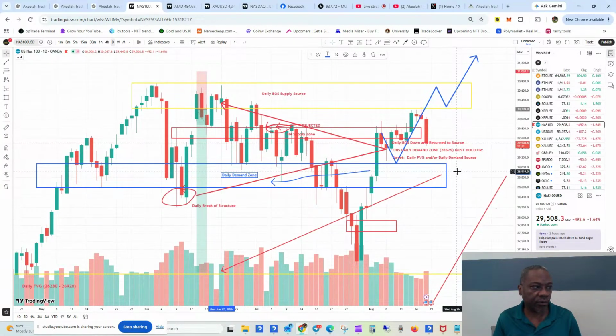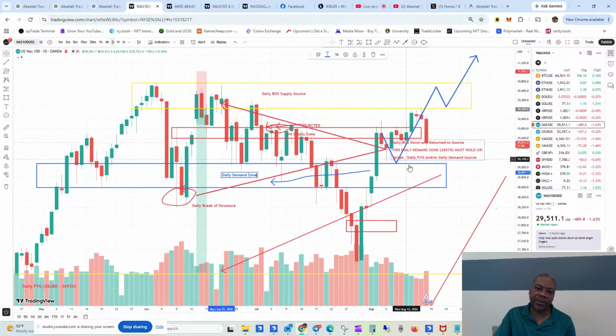And this will be the battleground to see if the bulls are going to maintain control or if the bears are going to continue to push this down. So as of right now, the area to watch because of this break back above this demand zone is right around 29,000, 29.1. So between 28.6 and 29.1, this is going to be the battle area here.